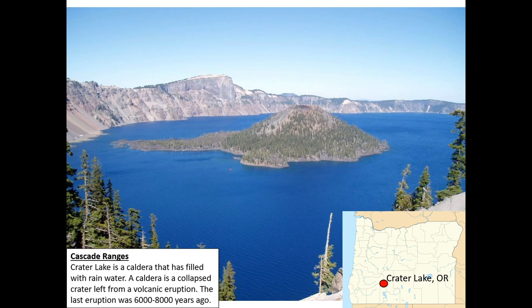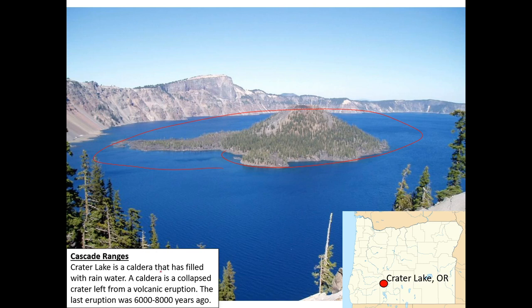So, the Cascades also have beautiful Crater Lake. I'm not sure if it wasn't the first national park, but Crater Lake was one of the first few national parks. Crater Lake is in Oregon. Basically it's just a caldera, and a caldera is just a collapsed volcanic vent.